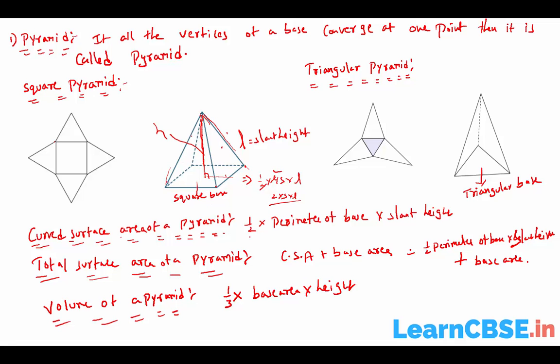If we consider a square, what is the base area? Base area is a square, into height, and we have to multiply with 1/3. That means 1/3 into a square into height is the volume of this square pyramid. So 1/3 times the base area into height of the pyramid will give the volume of the pyramid.